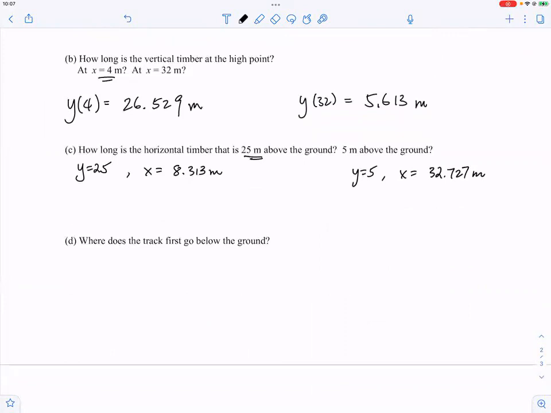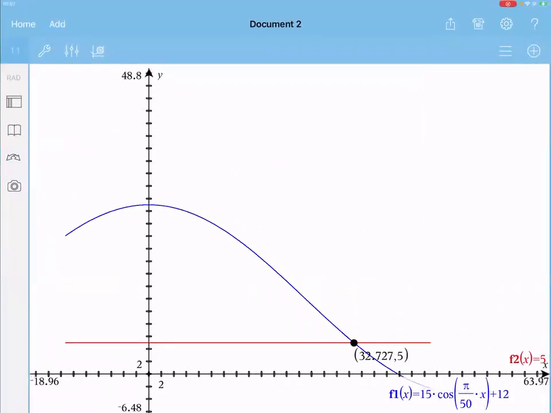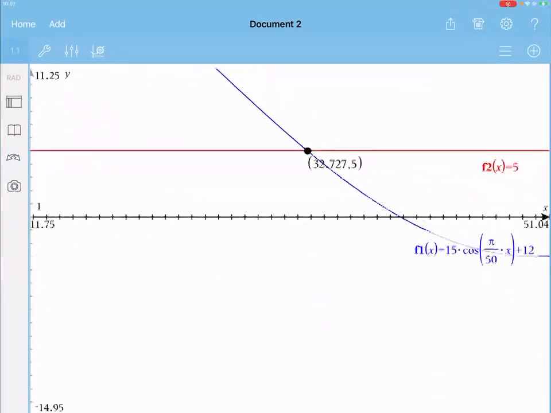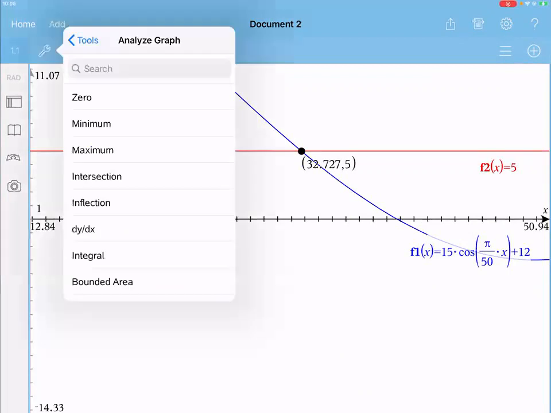All right, so where does the track first go below the ground? That means we want to find where the track dips below the ground. The horizontal axis is the ground. That means we want to find the x-intercept.